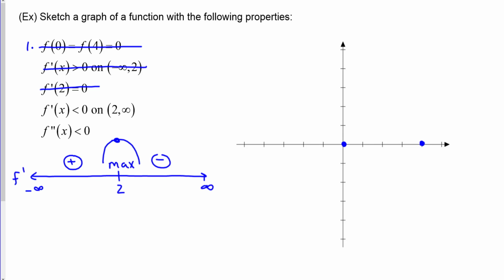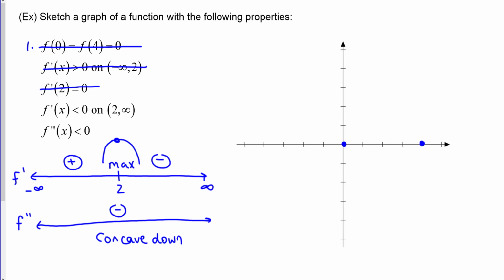All right, then the second derivative, I am told the second derivative is entirely negative. So that means for the second derivative, everything is concave down. So we probably should have an additional point, but we don't, but that's okay.